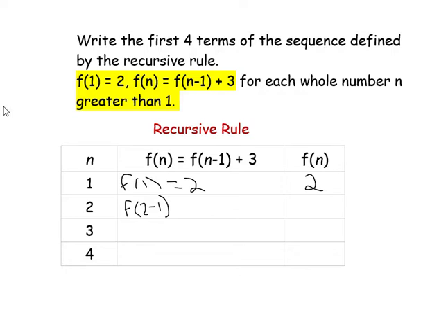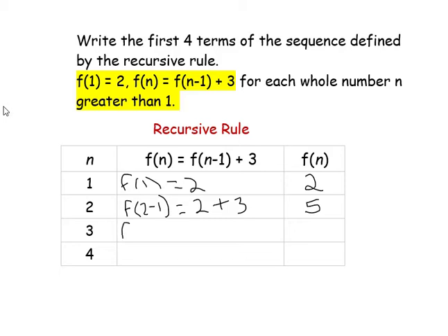So that's the one I want to plug in. So 1, the value of my first term, which is 2. So really, this equals 2 plus 3, which is 5. Make sense? Let's try the next one.